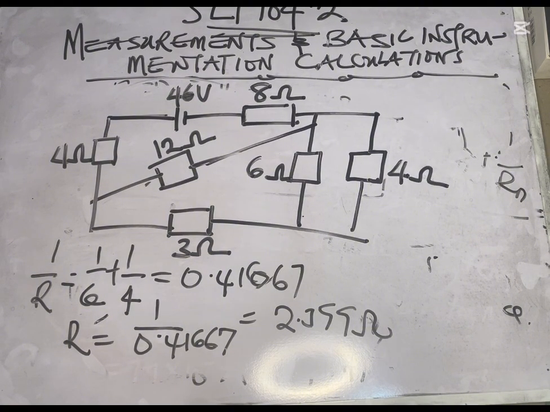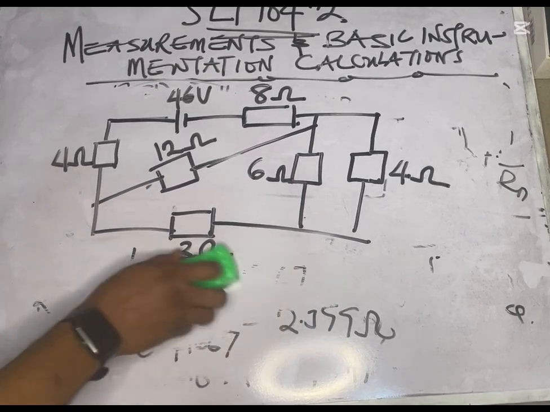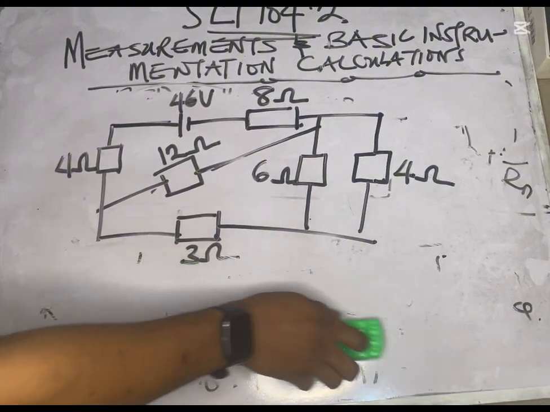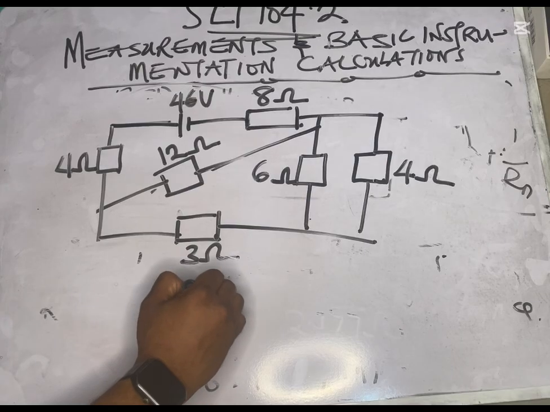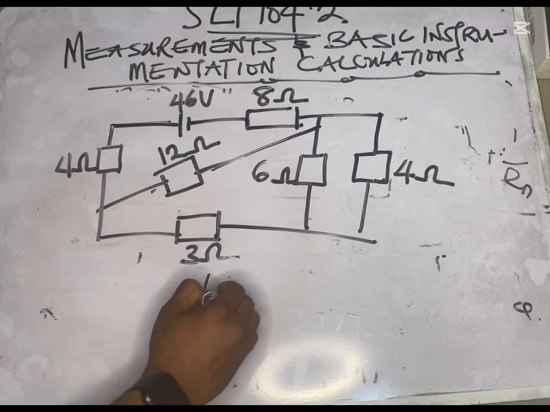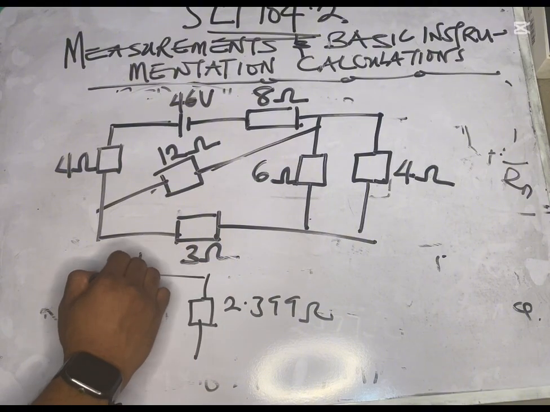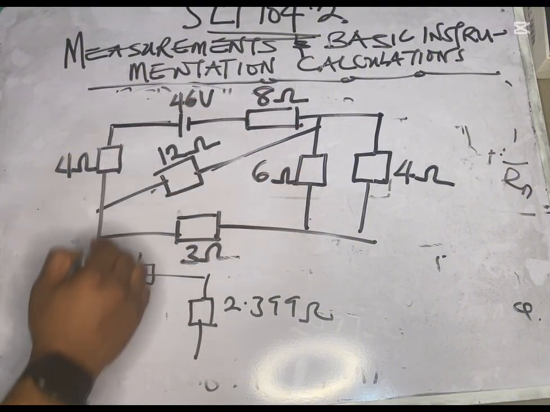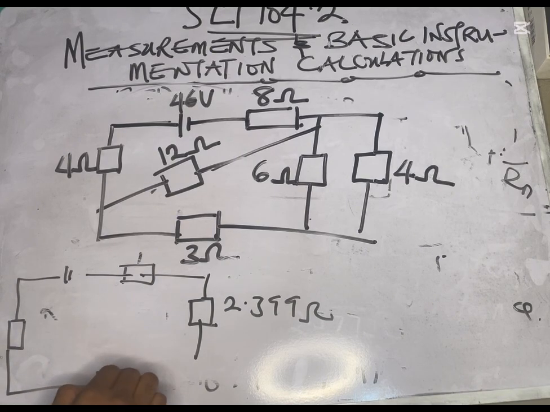Now, after resolving these two, you will see something like this. This place will now combine to form this, which will be 2.399 ohms. And you have your 8 ohms here, your battery, then of course your 4 ohms, then your 3 ohms.